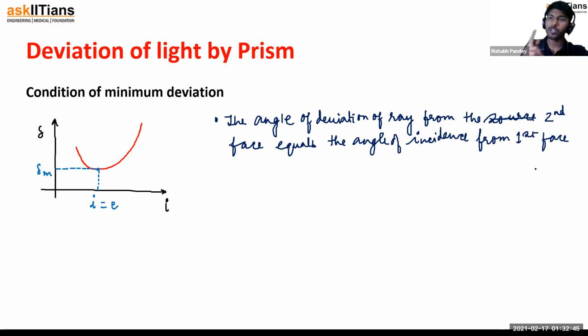That means angle I should be equal to angle I dash or angle E.